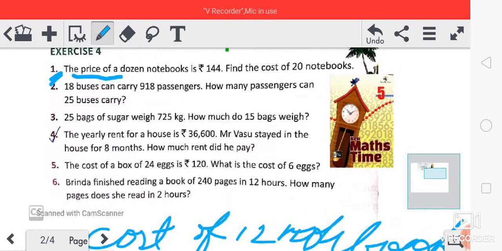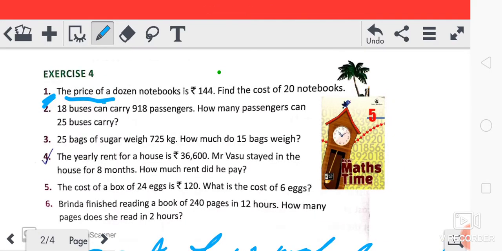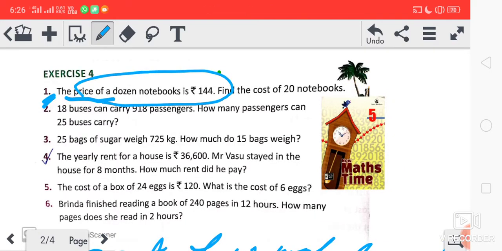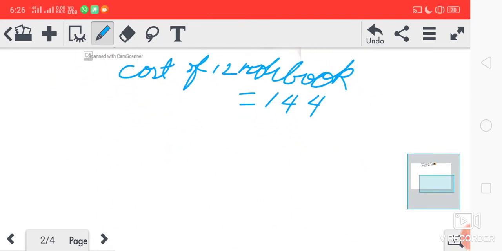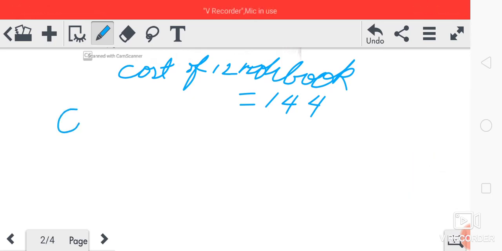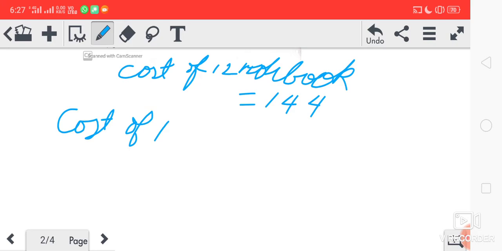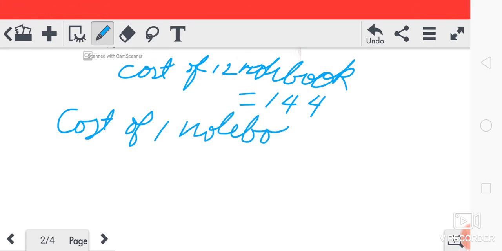Look at here, the price of 12 notebooks, dozen means 12, so 12 notebooks is 144 rupees. So we have to find the price of what? One notebook. So we'll write cost of one notebook.